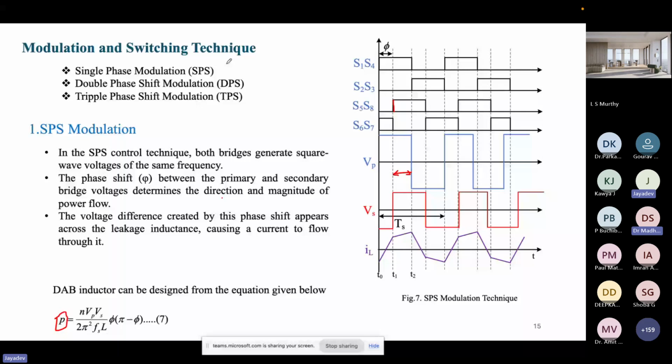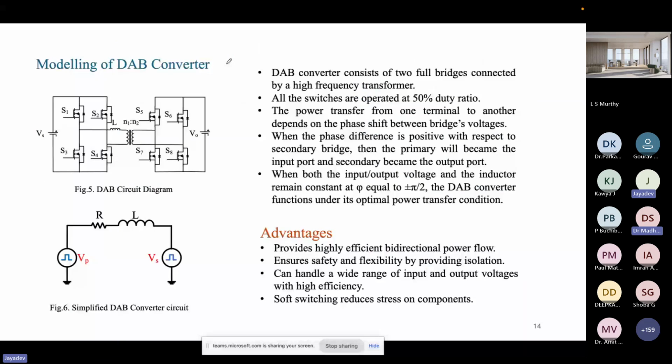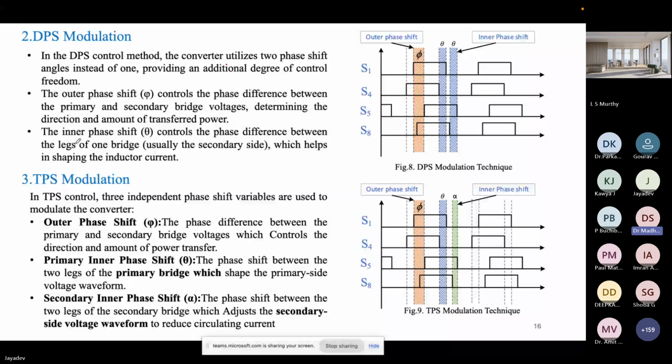But in double phase shift, we implement a phase shift between the primary bridge and secondary bridge, that is the outer phase shift, as well as a phase shift between the legs. You can see here. We are giving an additional degree of freedom.